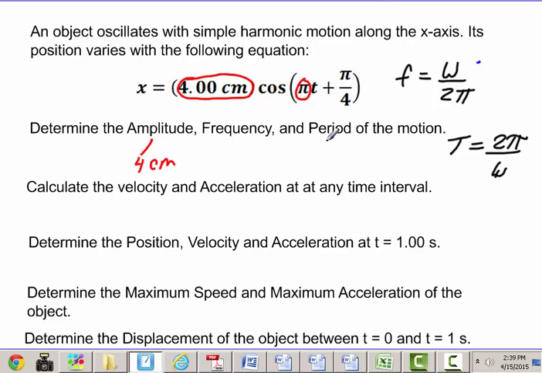So I'll find my period first. My period T is just going to equal 2 pi divided by pi. The pi's will cancel out. That gives me 2 seconds. So my period will equal 2 seconds. Now to find frequency, it'll be 1 over 2 seconds. So that gives me 1/2, or 0.5 hertz.